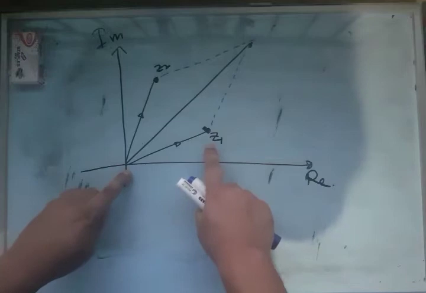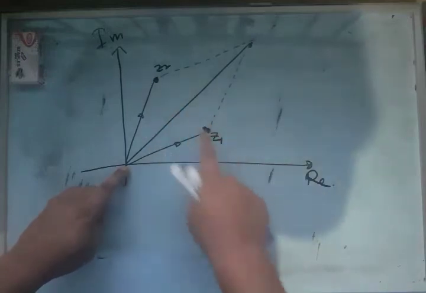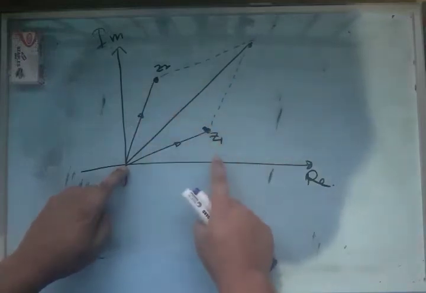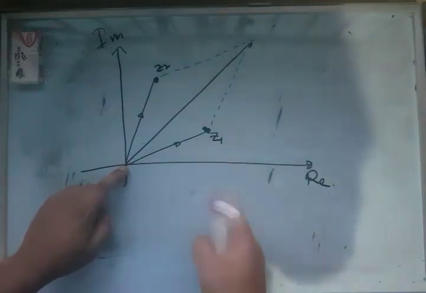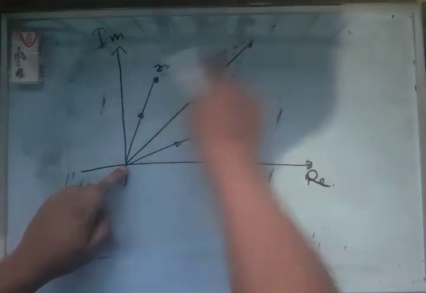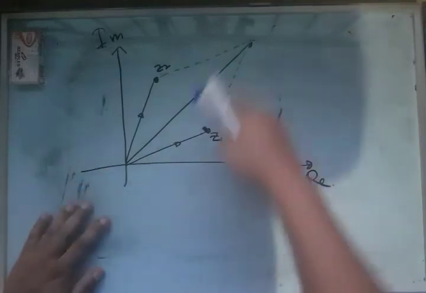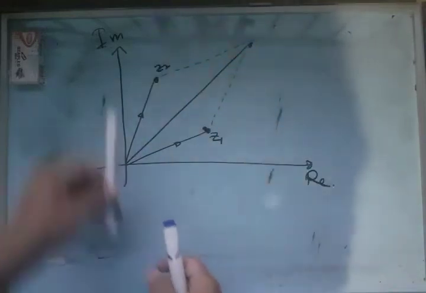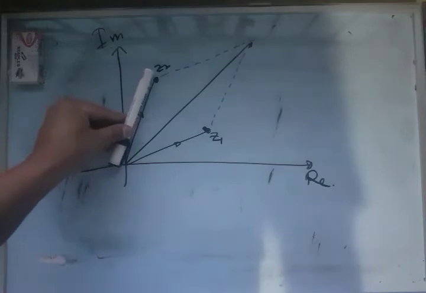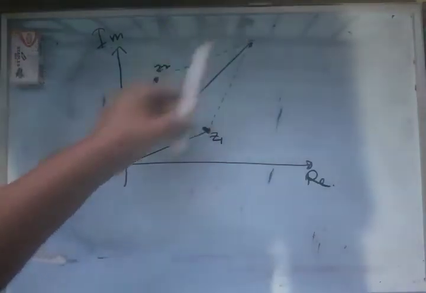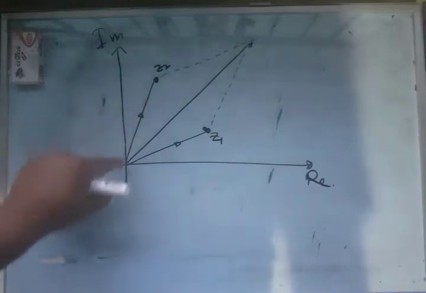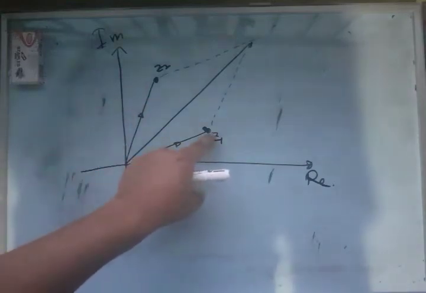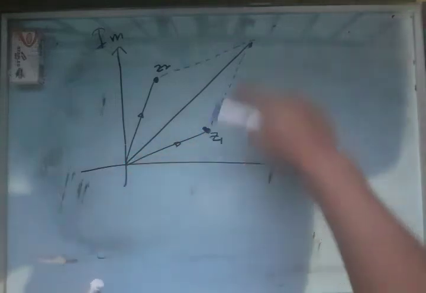This is how we construct the addition of complex numbers in the complex plane. You first locate the two points which are relevant to the complex numbers. Then you make the construction like this parallelogram, or you could move the initial position of this vector to the end position of this vector, right?